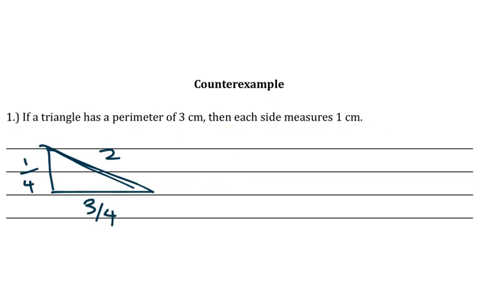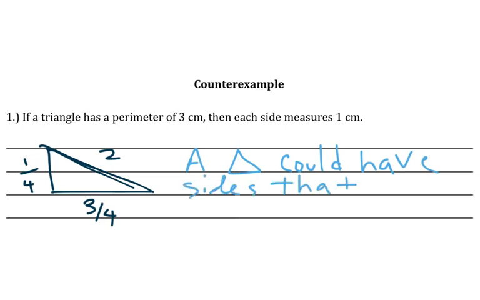And I think a drawing is appropriate, but we can explain ourselves. We can say a triangle, the symbol of a triangle can just be written like that, could have sides that measure 1/4, 3/4, and 2.